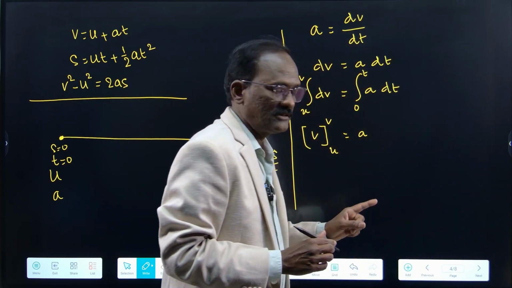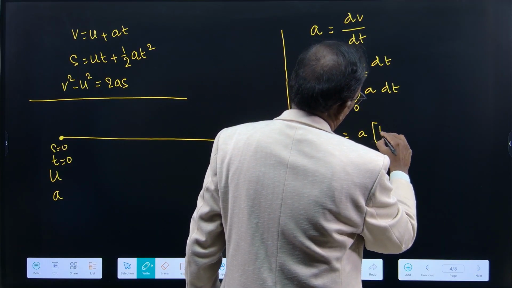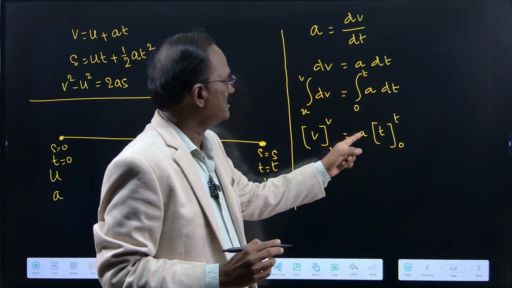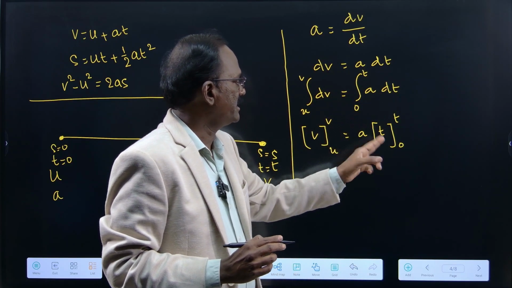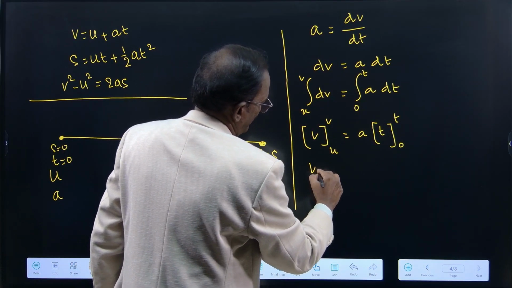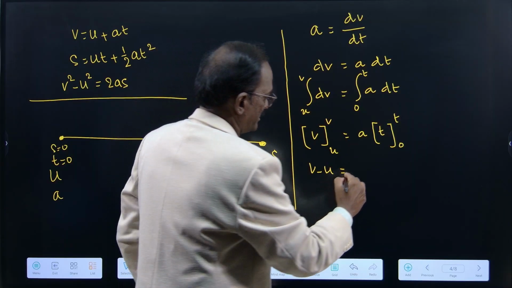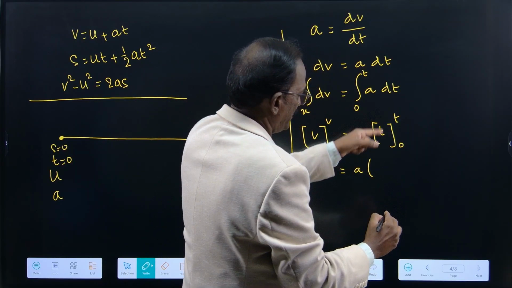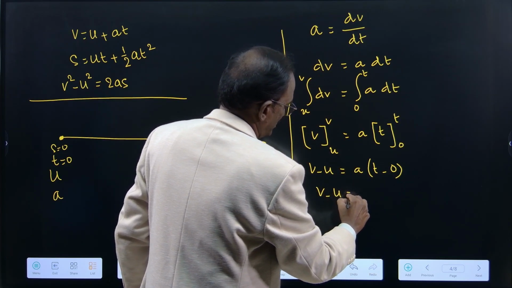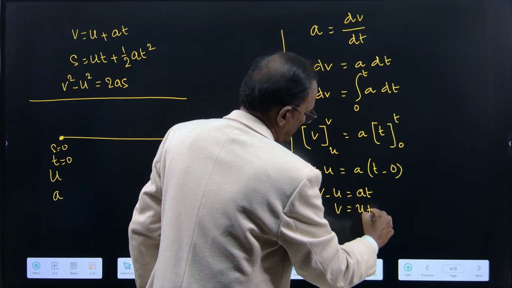So a is constant, so I am taking it outside. The integral of dt will be t, from 0 to t. Since a is constant, the integral of dt is t, lower limit 0, upper limit t. This is v minus u, upper limit minus lower limit, is equal to t minus 0, or v minus u is equal to at, or v is equal to u plus at.